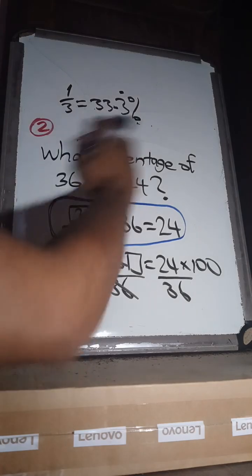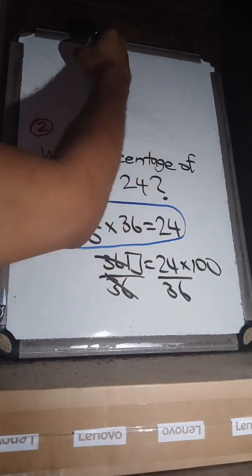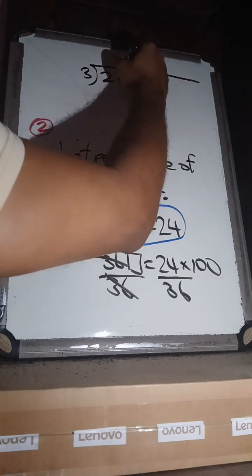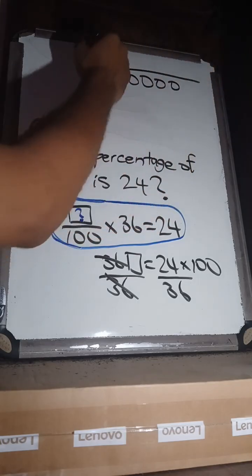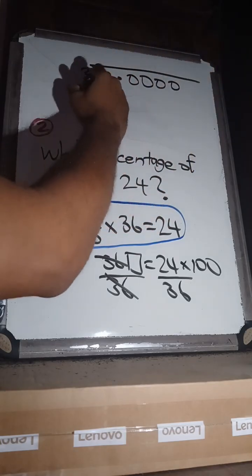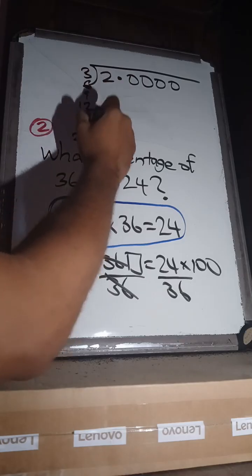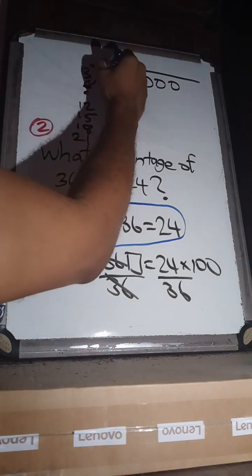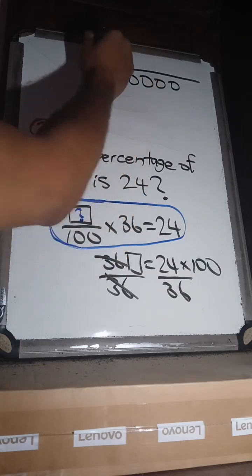Now, if we never have a calculator and we wanted to prove that, we could do it. So we have 3 here, 2 here, put the zeros there. It's not going to make much difference because you will see. Underline the 2. 2 can't buy anything.